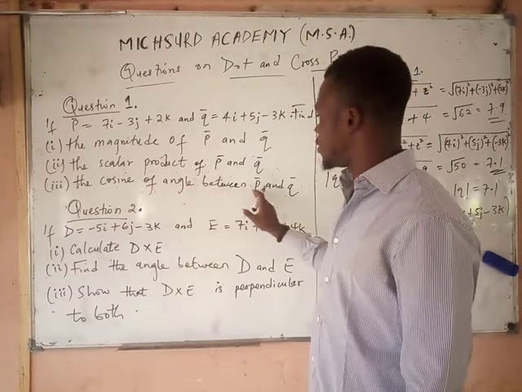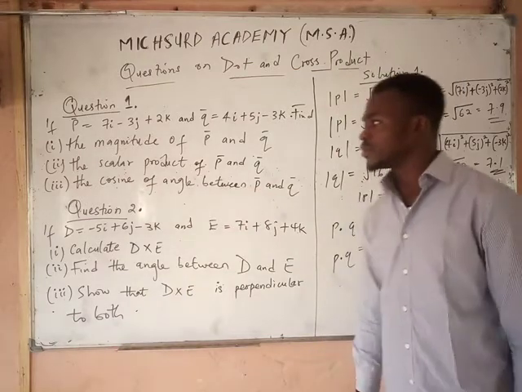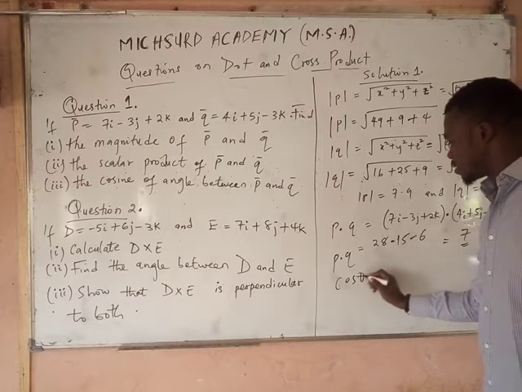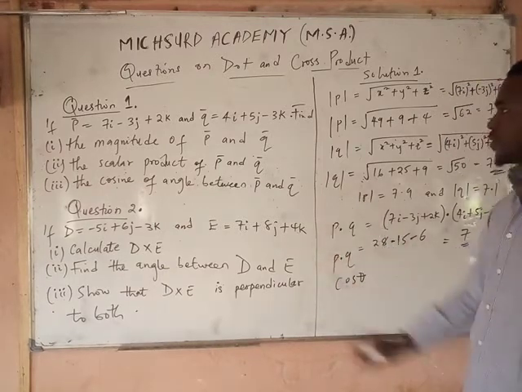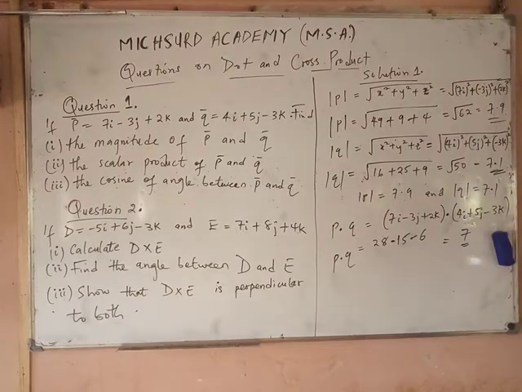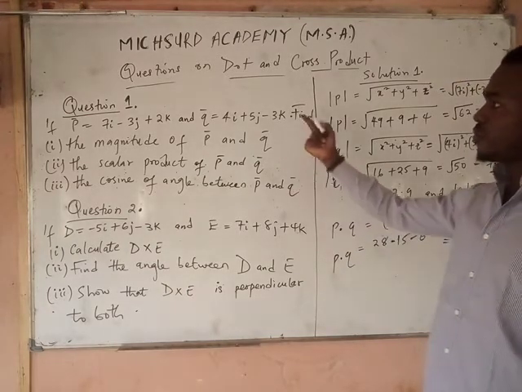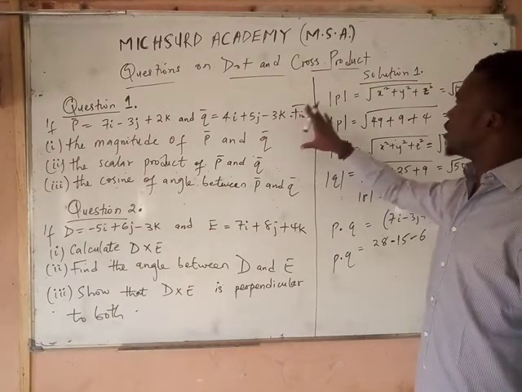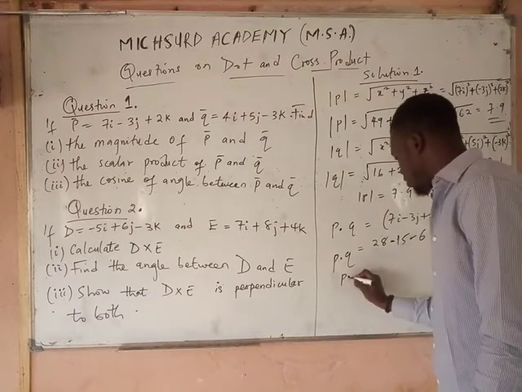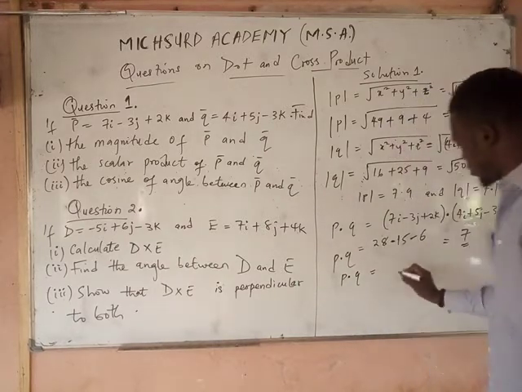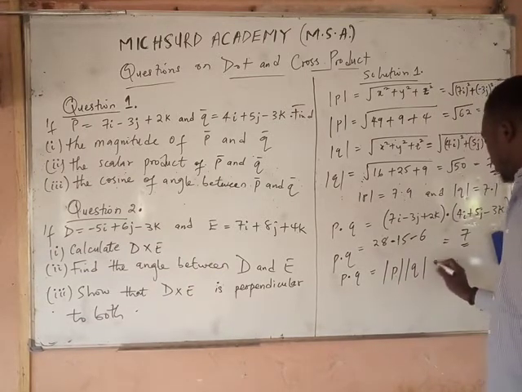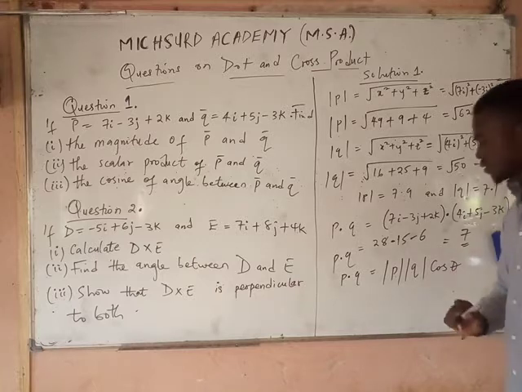Alright. So the next question, still under this question 1, the sub question there is to find the cos of the angle between p and q. So what we are asked to find is cos theta between p and q. How do we solve this? We recall from our previous class when we did dot products, we got this formula that p dot q is equal to the magnitude of p times the magnitude of q, times cos theta.